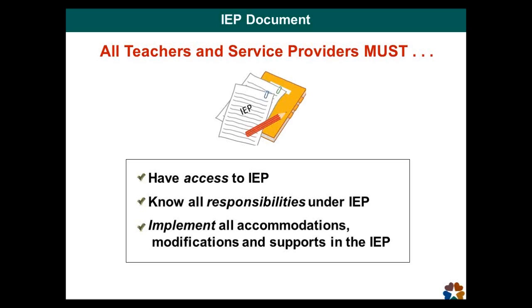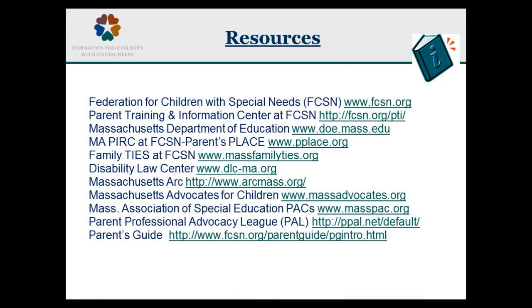And I would not hesitate to just bring a copy of the signed IEP yourself and provide it to the teacher. We've talked about how you can respond to an IEP, and we have talked about in basic rights all of your dispute resolution options. So I'm not going to talk about these.